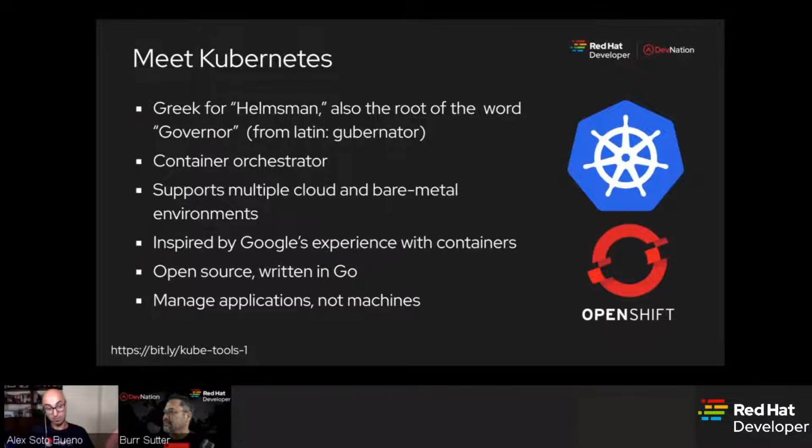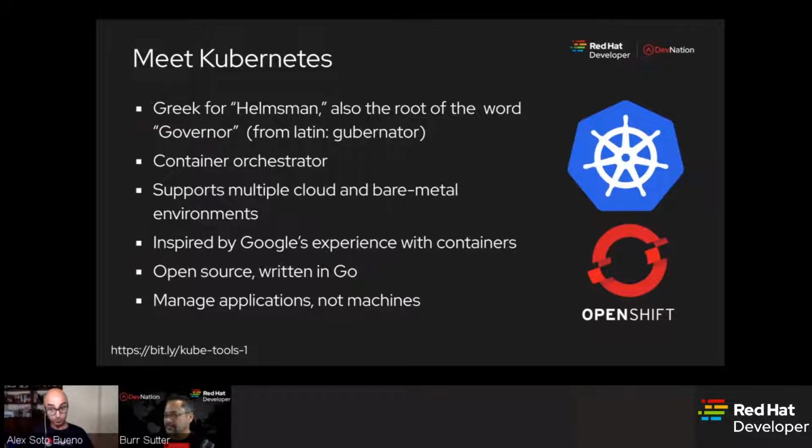It's open source, it's written in Go, and one thing that's really cool about Kubernetes is that you start managing applications and not machines. So you do not care about where the machines are. You just do kubectl apply, and then you manage the application to be deployed to your cluster, but you do not care exactly how it's managed or where it's deployed.